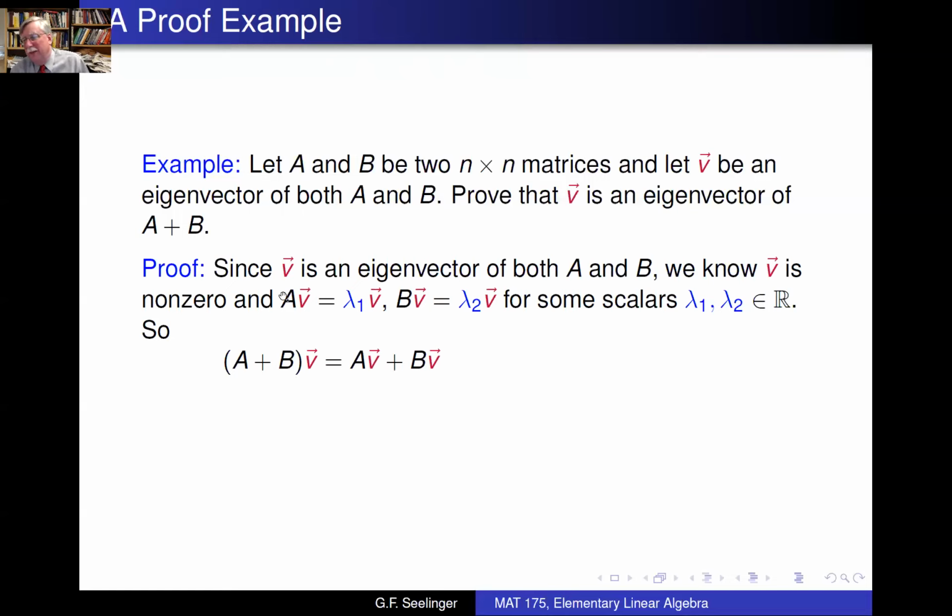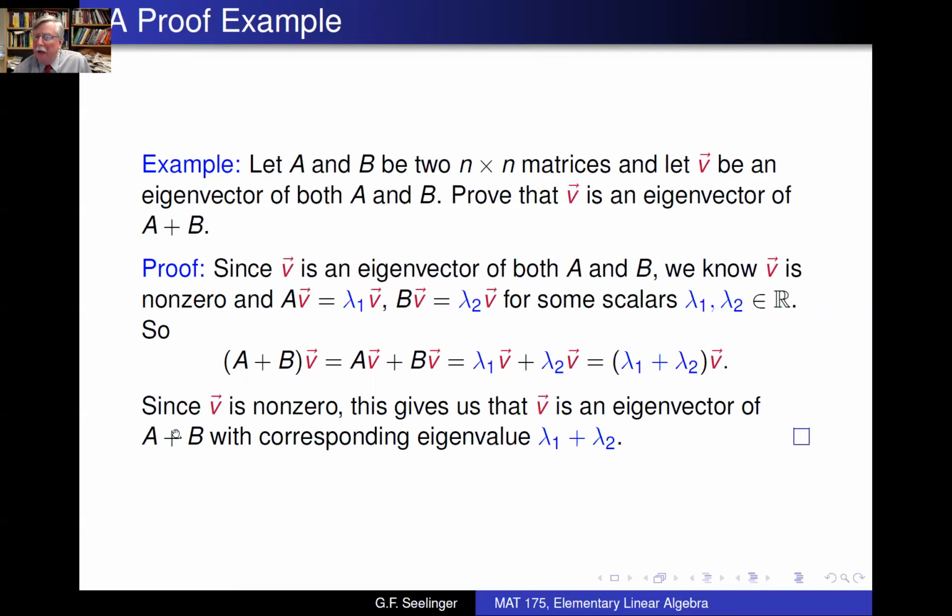Now I've got a way to substitute this one in for AV and this one in for BV, and I get lambda 1 times V plus lambda 2 times V. By the properties of scalar multiplication, I can factor out the V. And what do I have? A blob, a scalar, times V. So I start here: A plus B times V is a scalar times V. So that means it's an eigenvector of A plus B.